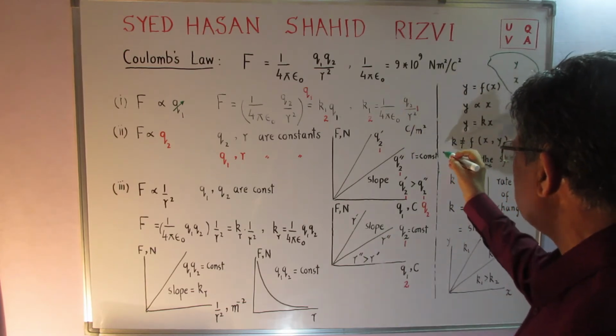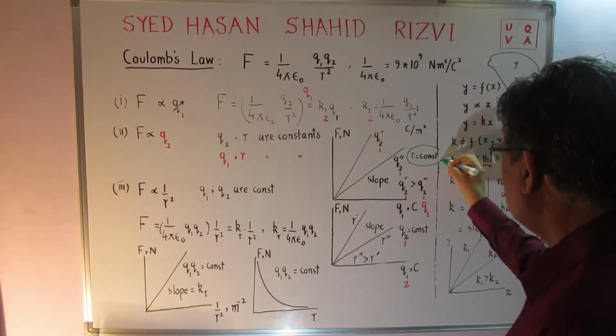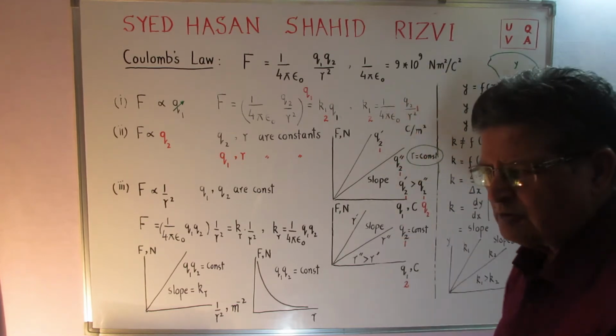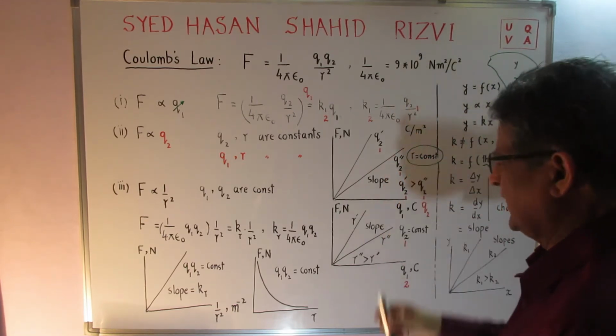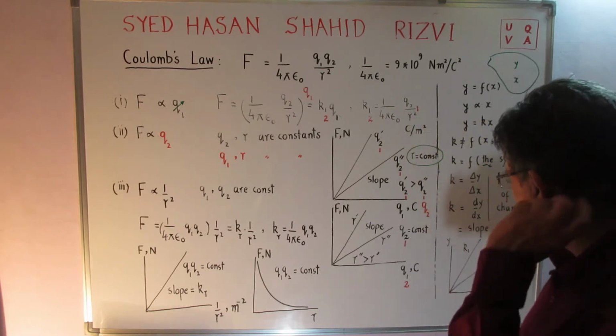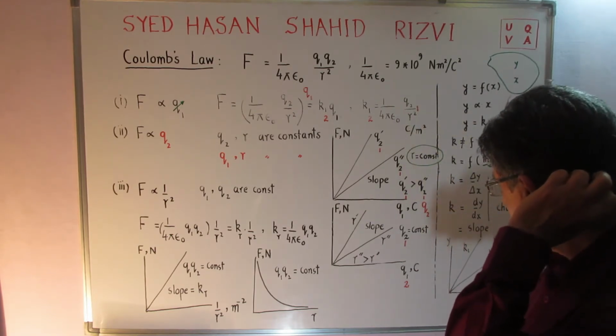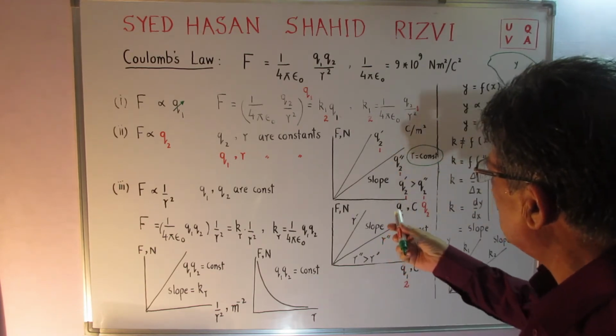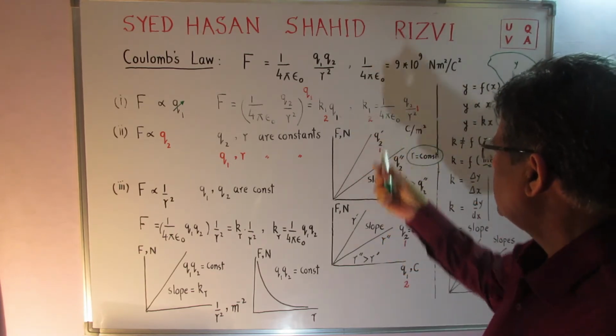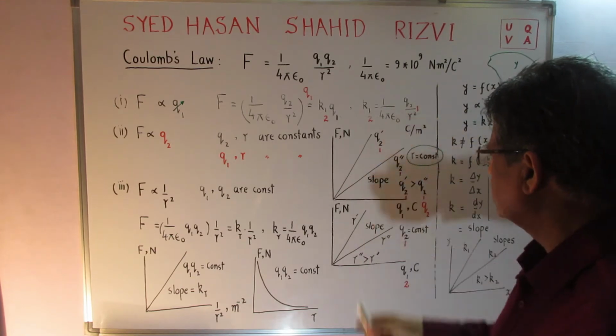I have taken R as constant, and I have just varied the value of Q2 as Q2 dash and Q2 double dash. We find that the slope here will be K1 dash, and here the slope is K2 dash.